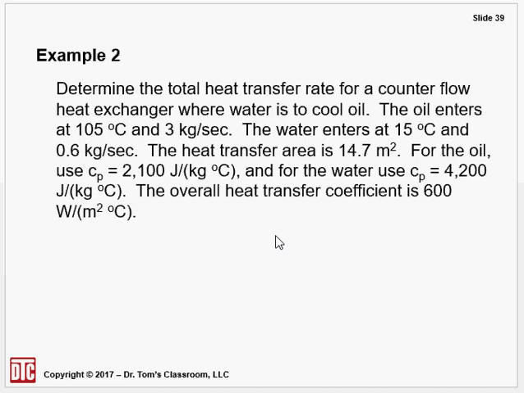And then for water at around this temperature, use C sub P of 4200. I think it's like 4180, whatever, but let's just use 4200 and go on. The overall heat transfer coefficient is given as 600 watts per meter squared per degree C, again just a number picked so that things come out nicely.